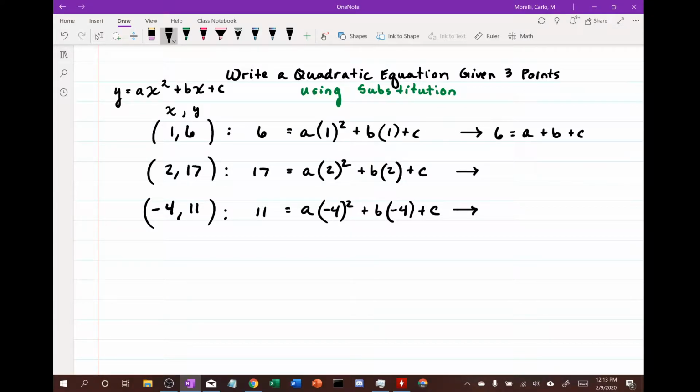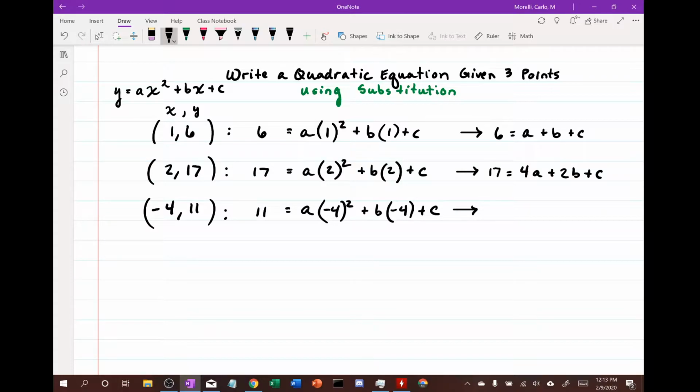The next one is 17 equals a times 2 squared plus b times 2 plus c, so 17 is equal to 4a plus 2b plus c.